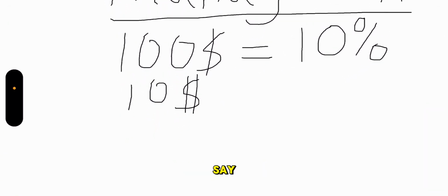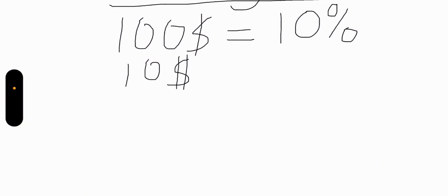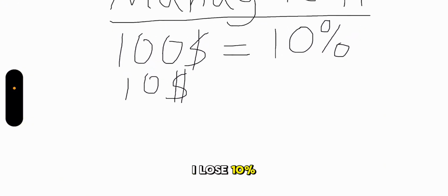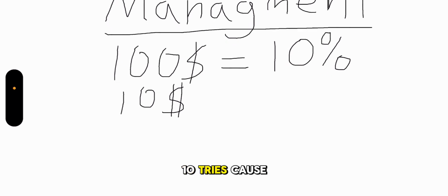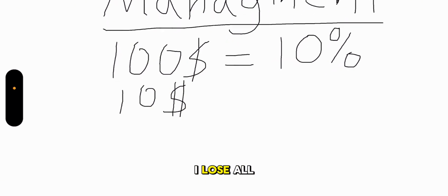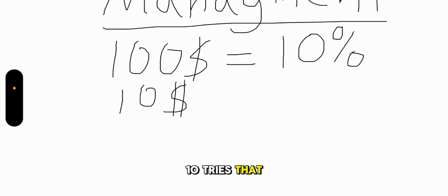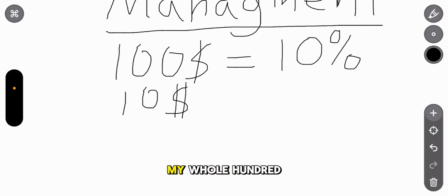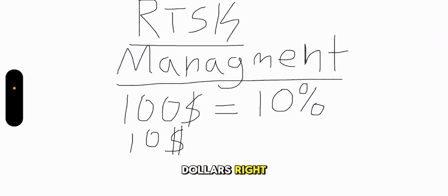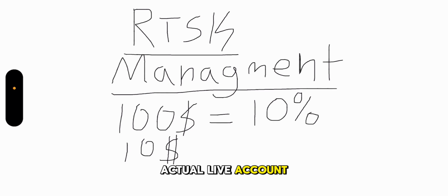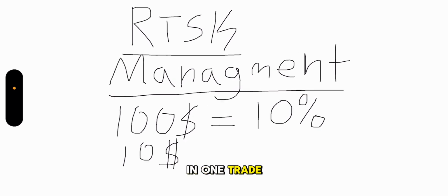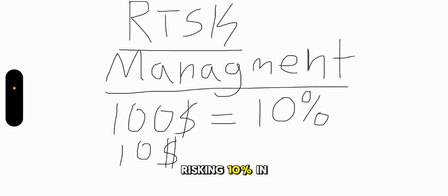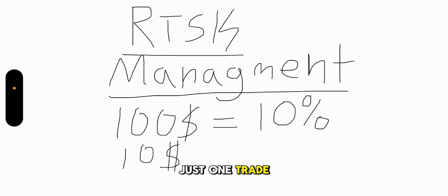So now let's say out of those 10% that I'm risking, I have 10 tries. 10 tries, because if I lose all 10 trades that I take, then I lost my whole $100, right? And in an actual live account, you do not want to be risking the full $100 in one trade. You do not want to be risking 10% in just one trade.